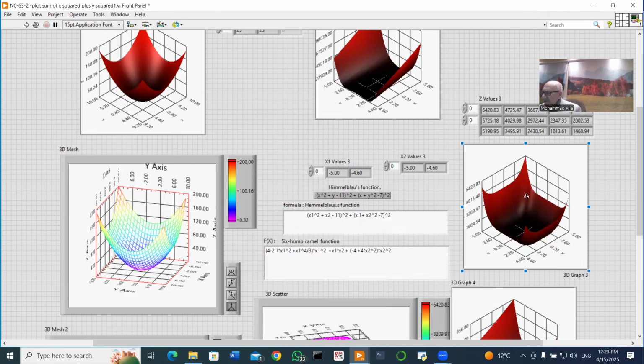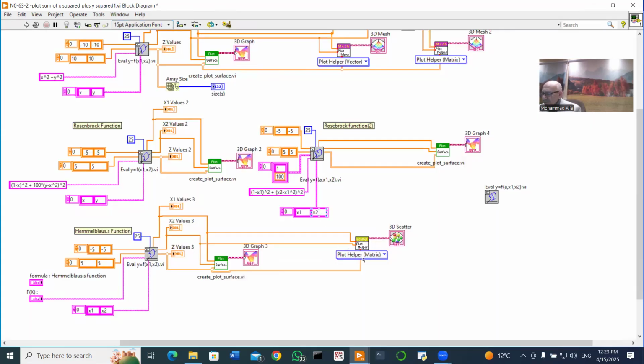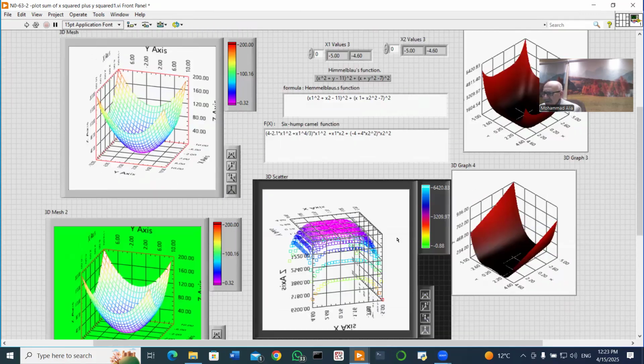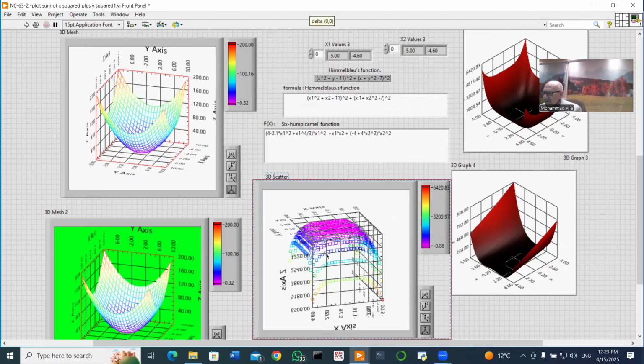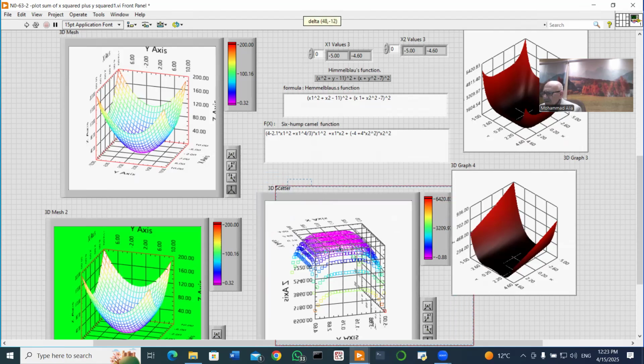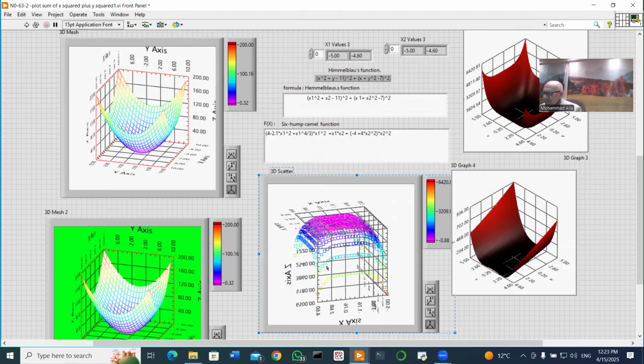I have tried also to make use of it to show you. So I have connected the output, which is the two-dimensional matrix, to the scatter plot, and the inputs, the two arrays, are the same. And here we have got the function which represents our case.